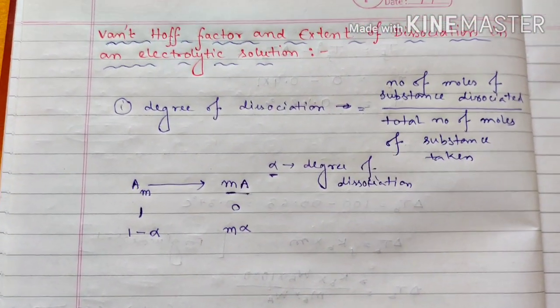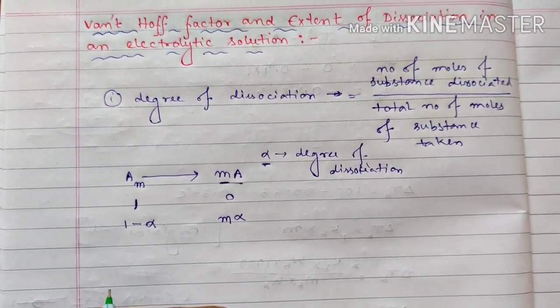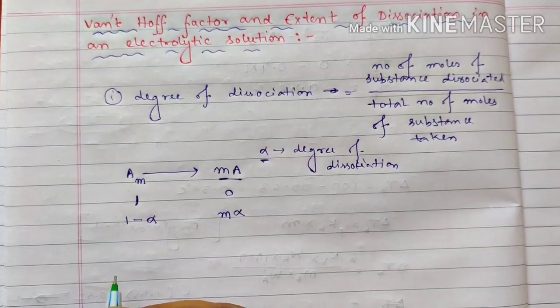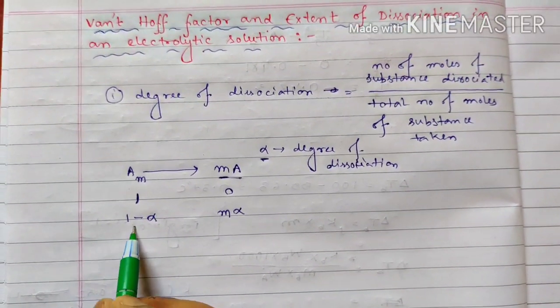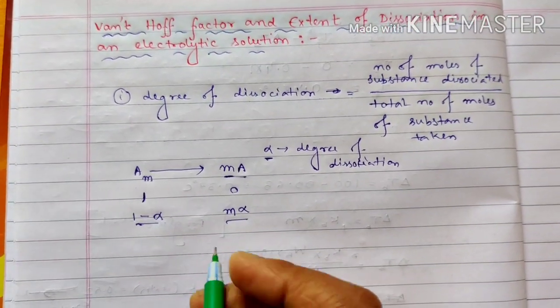Now the calculation begins. So how much solute is left undissociated? That is 1 minus alpha. Number of moles of ions formed, that is m alpha.